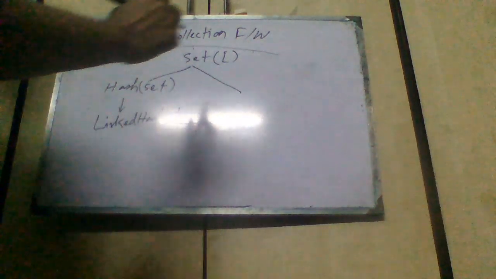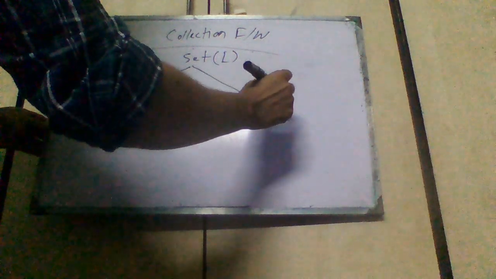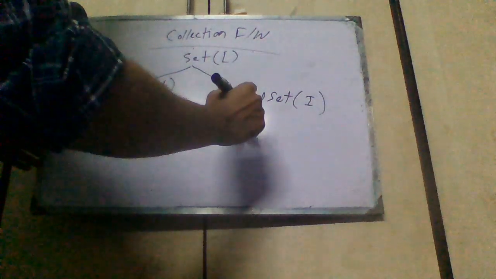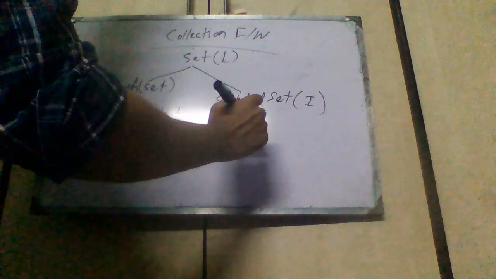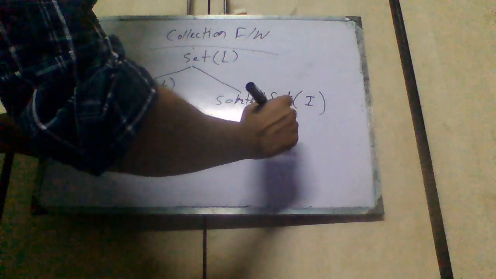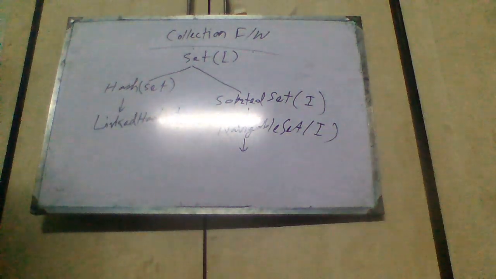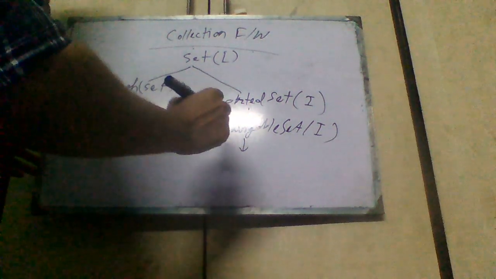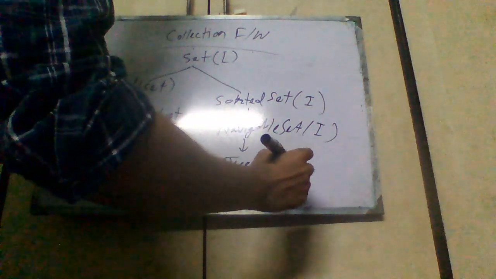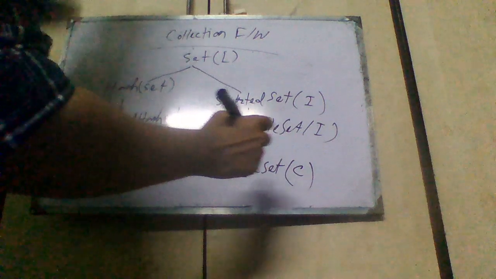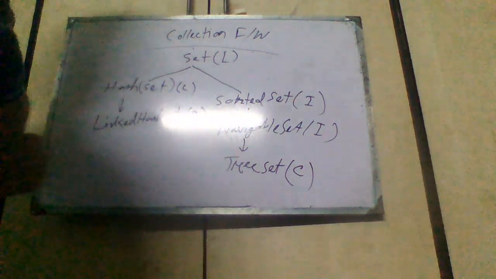Here a child interface was SortedSet, then NavigableSet, and the last one is TreeSet, and it was a class.